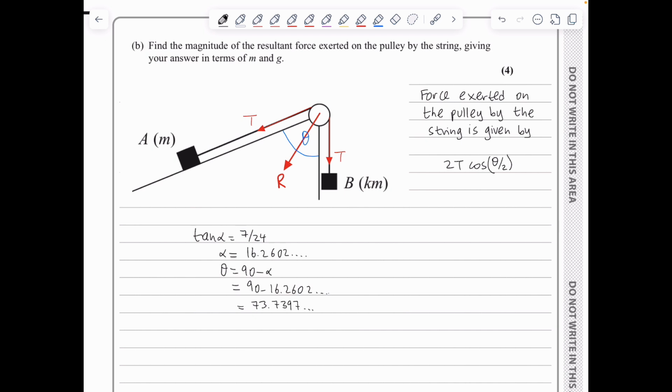This means that the force exerted on the pulley is going to be 2 times the tension of 4 mg over 3 times the cos of theta over 2, so cos of 73.73... over 2. I'm maintaining full accuracy on my calculator, and this gives an answer of 32 mg over 15 newtons for the force acting on the pulley by the string.